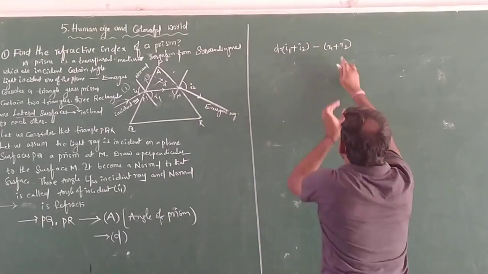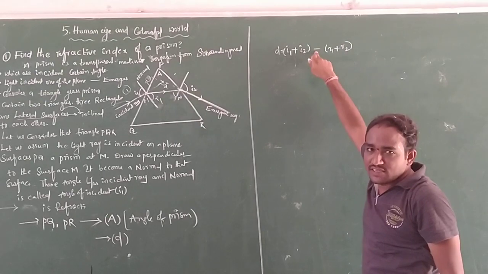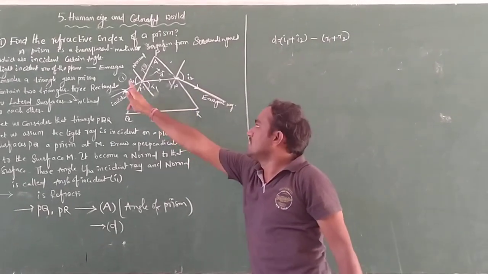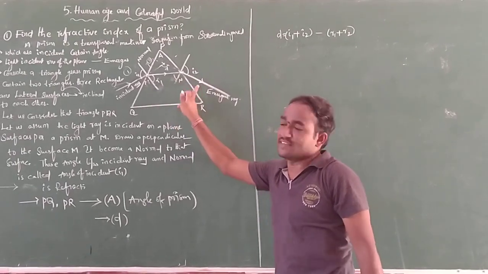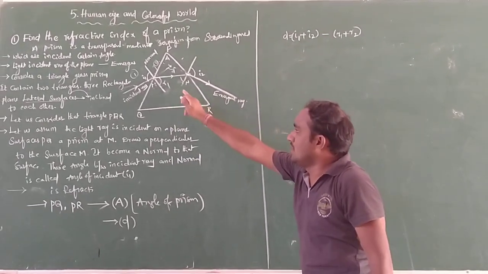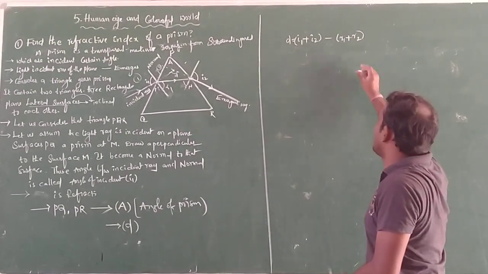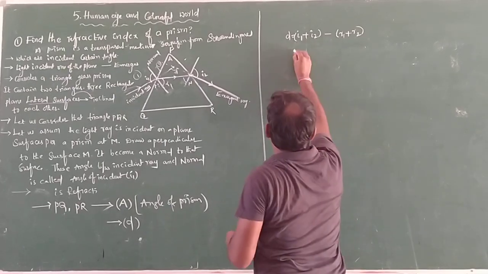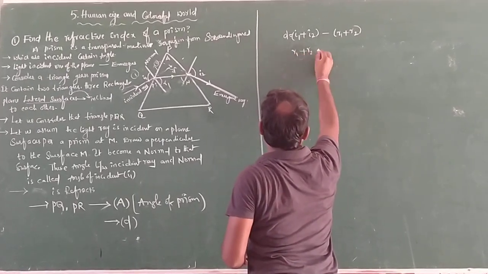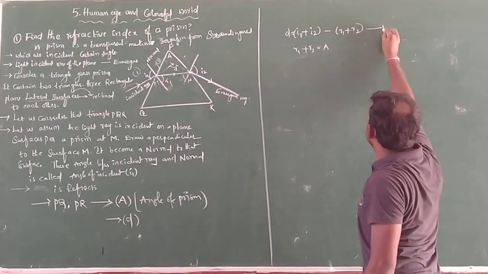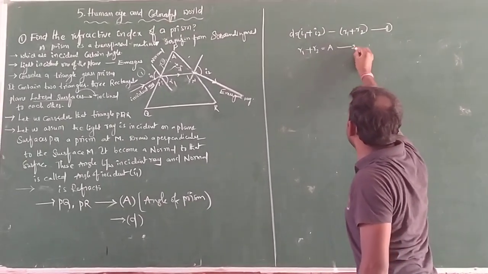In front of this we write the minus symbol because the medium changes. For the glass prism we use the minus symbol. So R1 plus R2 is equal to A. This is equation 1 and this is equation 2.